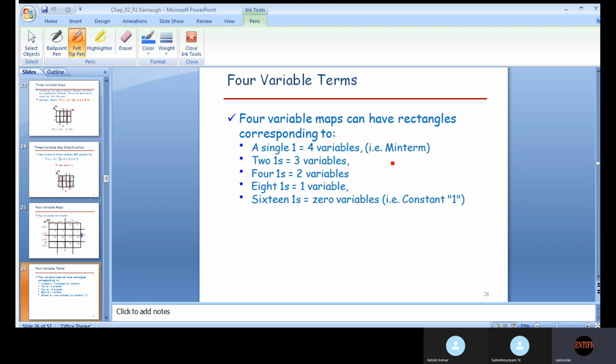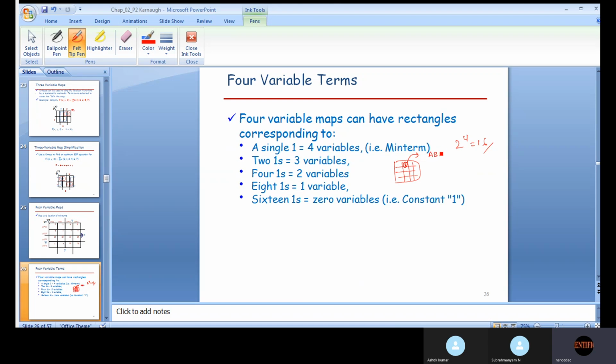We will be having 16 blocks, right? For four variable K map, 2 power 4 will be equal to 16 cells. If there is a minterm only in one cell, then it represents four variables.